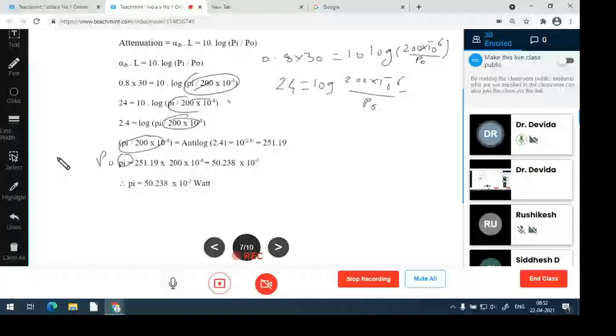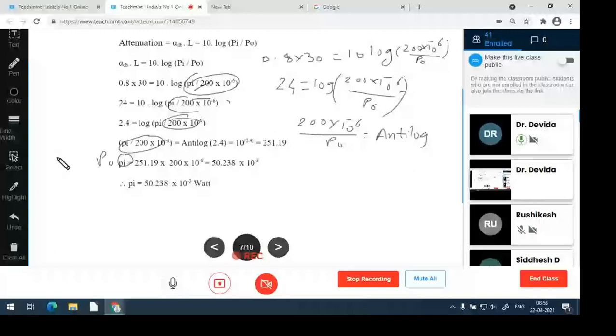So how much is it? 2.4 equals 200 times 10 raised to minus 6 divided by q. So how much is q? We have to take the antilog of this so that we can find out q. 200 into 10 raised to minus 6 divided by q is the antilog of 2.4.